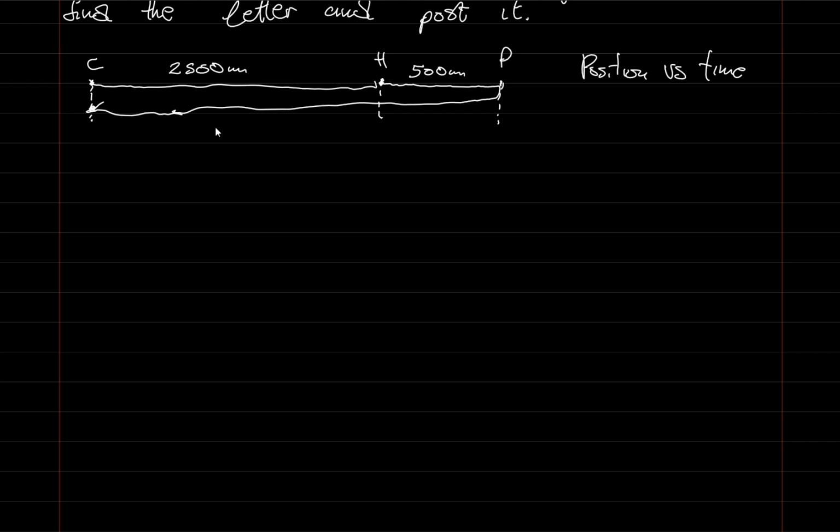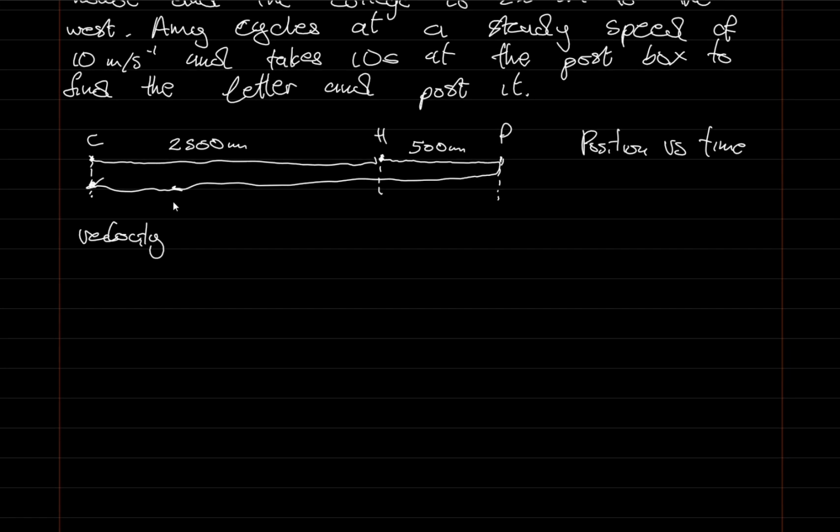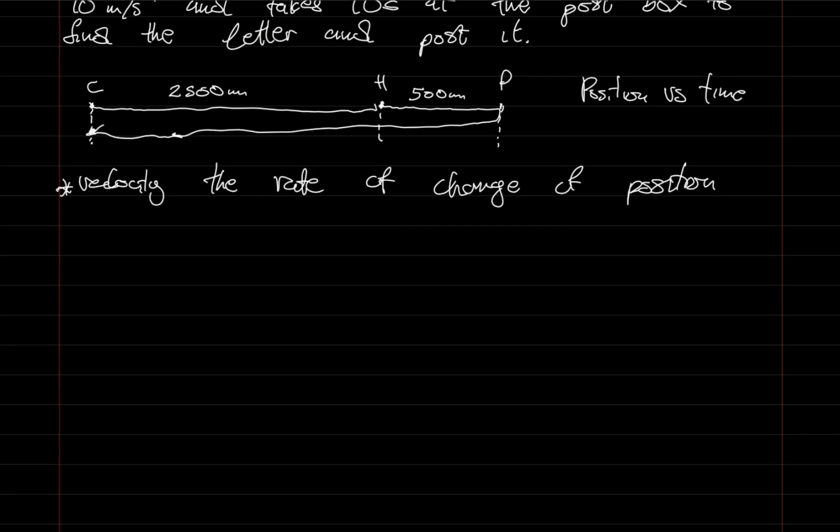Well, we firstly have to remember what velocity is, because it plays a really crucial role here. We are told that it's a steady speed of 10 meters per second. It's a speed, it's not a velocity. We have to remember that velocity is, in fact, the rate of change of position, because she's constantly changing her direction.